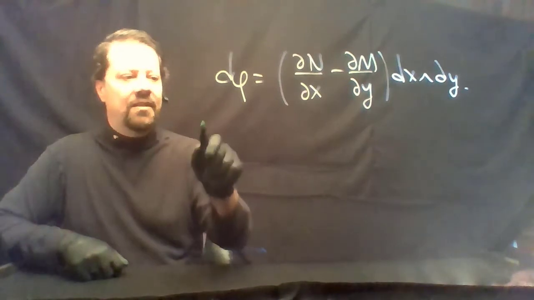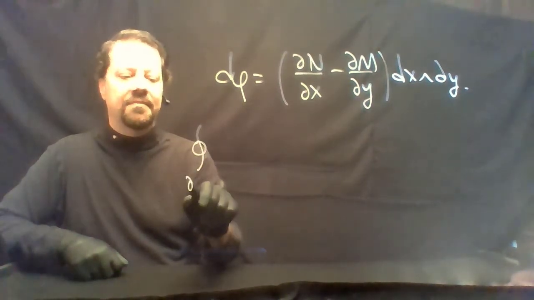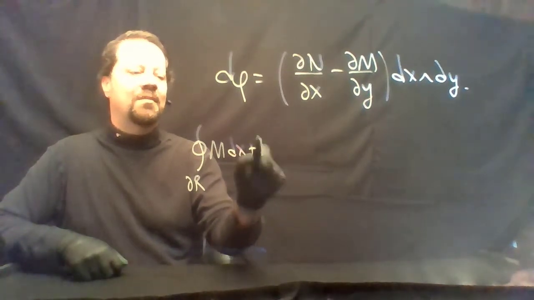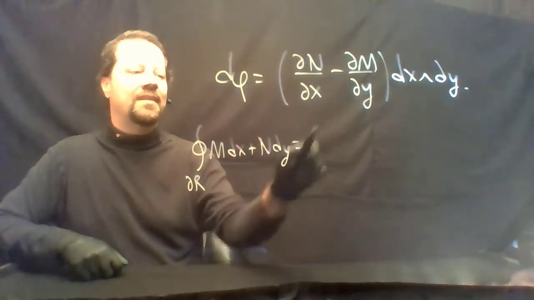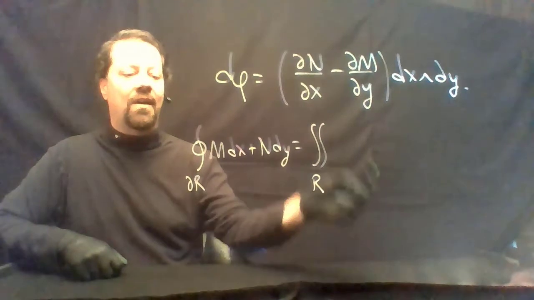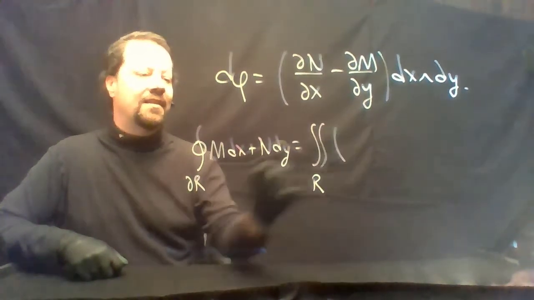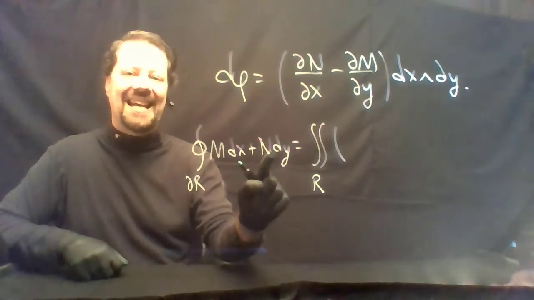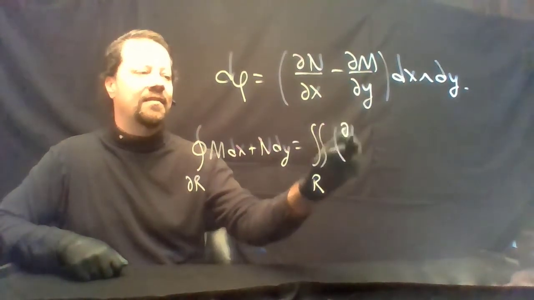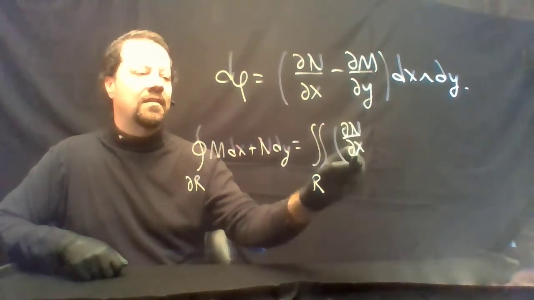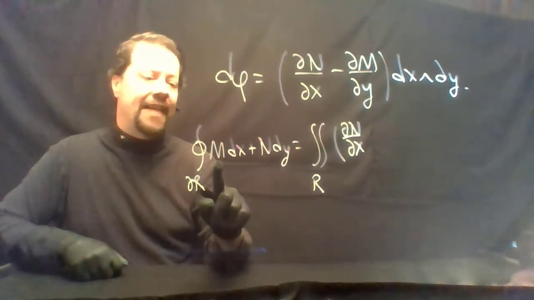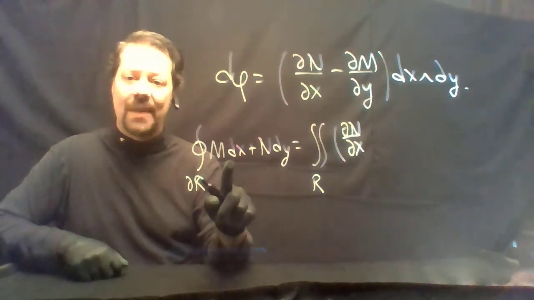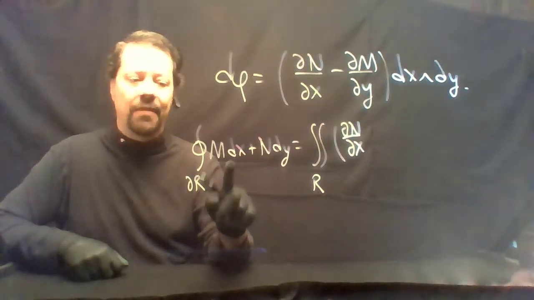You'll recall that for Green's theorem, we're integrating m dx plus n dy. You'll get the integral over r of, you take the derivative of n with respect to x, because that gives you a dx wedge dy. When you take the derivative of m, if you took the derivative with respect to x, you would get a dx wedge dx, but that's going to be 0.